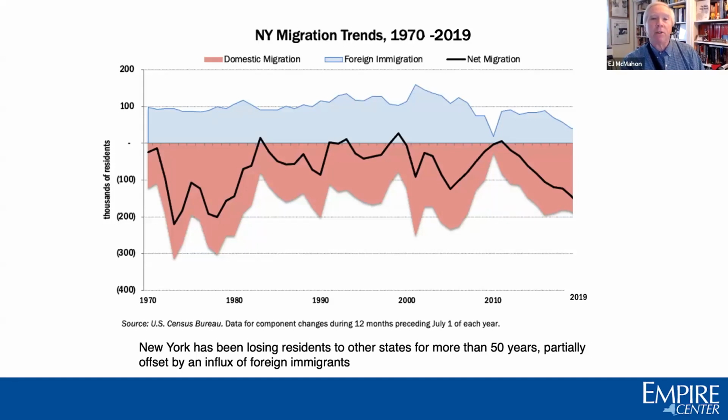By the way, the Census Bureau has techniques for estimating foreign immigration that include estimating illegal as well as legal immigration. And so this is not just people who formally apply for asylum or citizenship. This is their estimate of all foreign immigrants coming into the state, and New York is one of the biggest states, along with Florida and California and Texas, for immigration inflows, and has been for a long time.